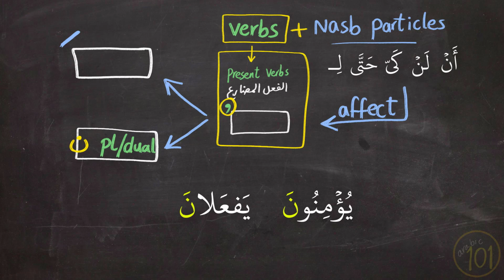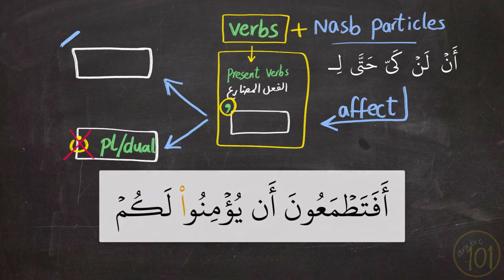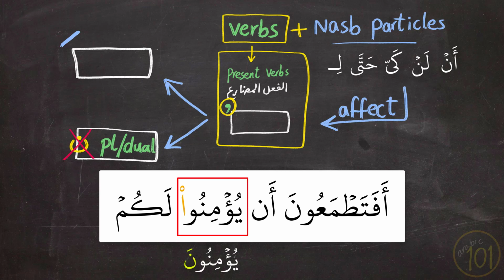When such verbs are preceded by a nasb particle, they will lose the noon at the end of the verb, like what we see in this ayah. أَفَتَطْمَعُونَ أَن يُؤْمِنُوا لَكُمْ.